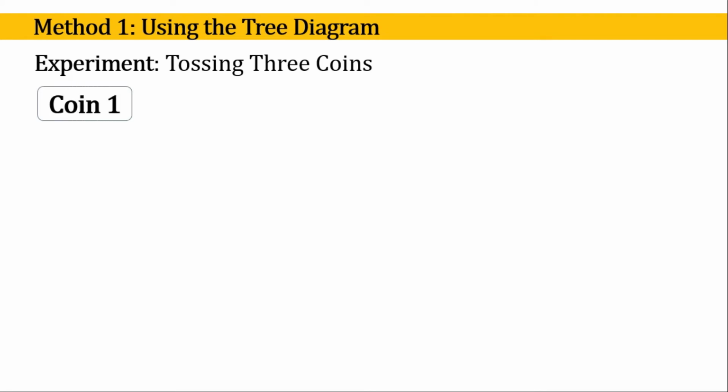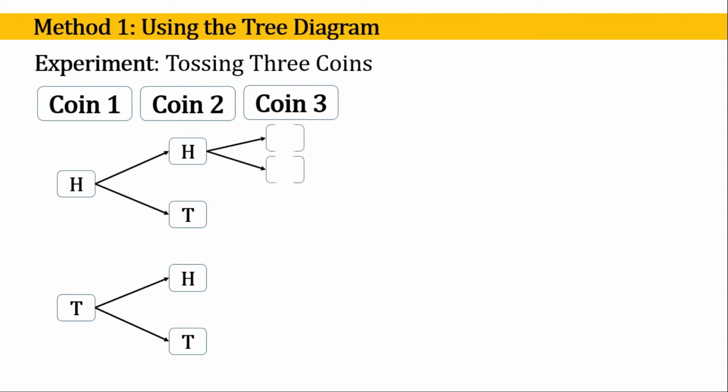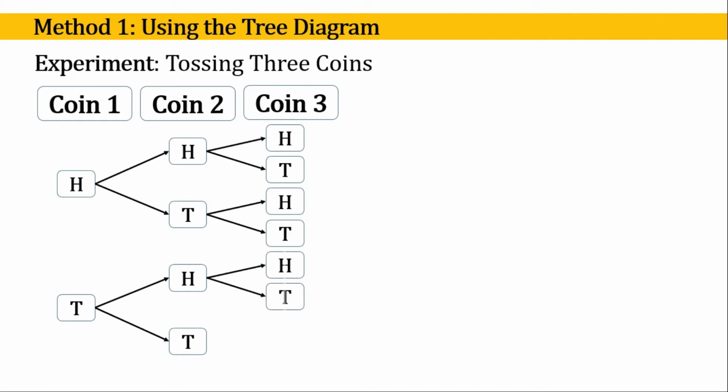Another example: tossing three coins. The process will be the same. For the first coin, list all the possible outcomes, which are head and tail. On the second coin, let's pair all the possible outcomes to head and to tail. Then again, let's pair it again to head, tail, tail head, and tail tail. After that, we're going to list all the possible outcomes.